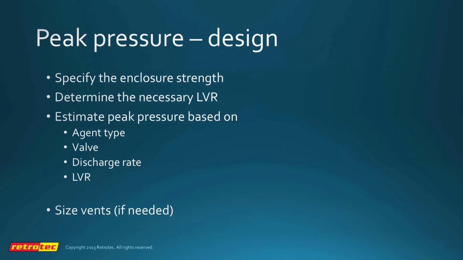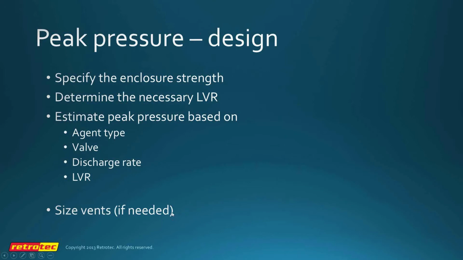So as far as peak pressure design is concerned, the good news is that we just completed the first version of our design software addition to Fantastic Integrity, and I'll just be previewing it earlier so you can take a look at it. Some of the values that need to go into that in order to do the evaluation in the design phase is to specify an enclosure strength, which essentially determines the necessary leak to volume ratio, which is based on the agent, the type of valve, the rate of discharge, and so on, and will size the vents.